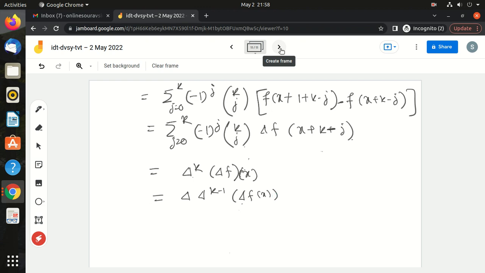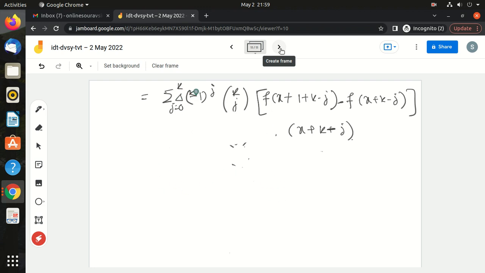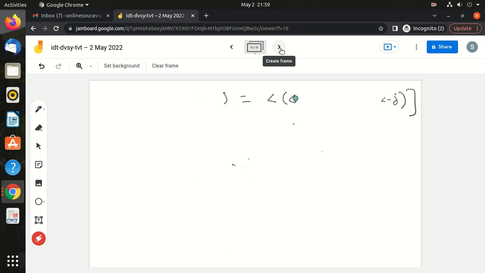Aren't we running into the same loop? Yes, we are running into the same loop. You cannot use a cyclic argument. Actually, we use the same logic that was used earlier. So basically, whatever you are saying is this: delta k of delta is equal to delta of delta k. This is what you have to prove.